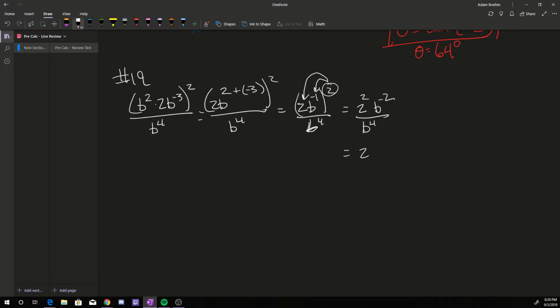So then we have 2 squared on top by itself, and then b to the 4th times b squared, which is 2 squared over b to the 6th. That's your final answer. So this b to the negative 2nd in this step goes down to the bottom of the fraction line and then becomes positive.